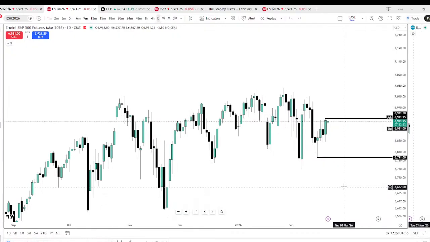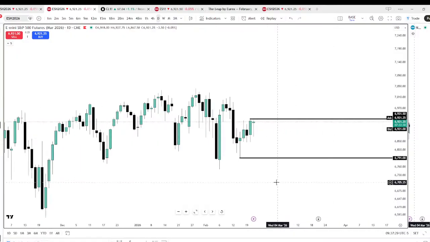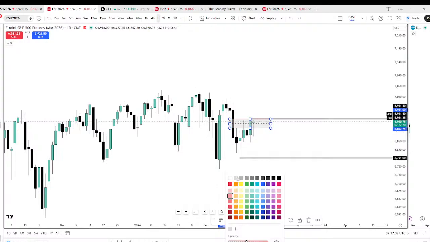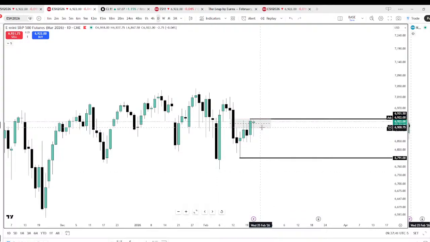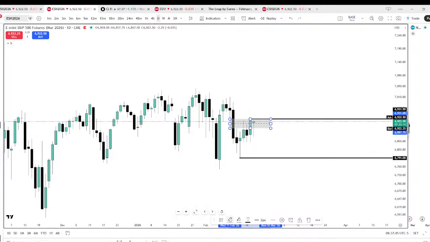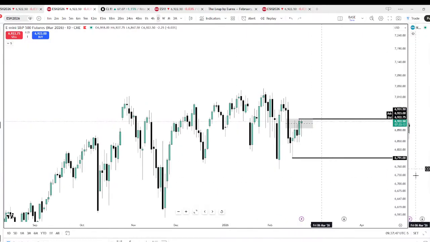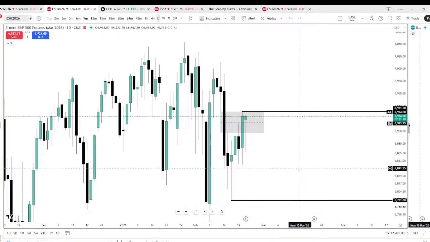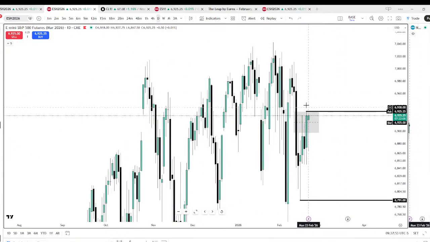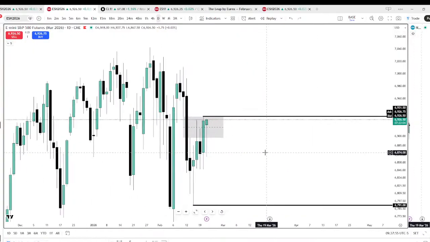Next thing that we're looking at is that daily imbalance. Let's lighten this up. So we're currently in that range, in that upper quartile of that weekly imbalance.